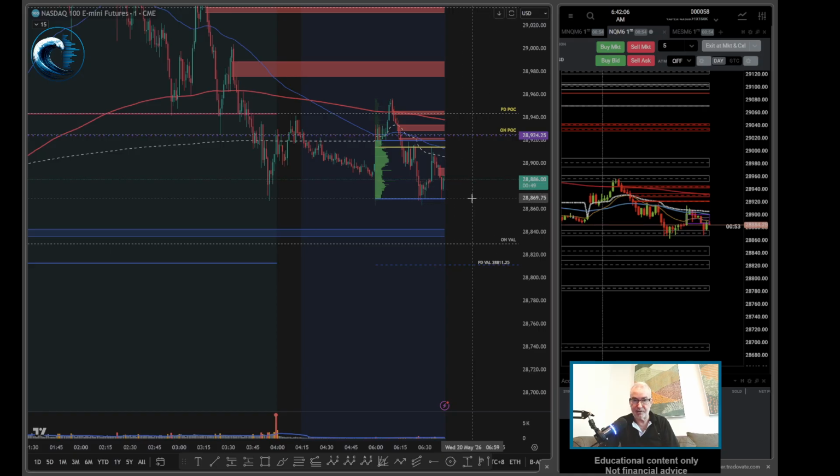The 7 a.m. is what I call the Australian Open. They're 2 hours ahead, so it's 9 o'clock for them. To be honest, I think all of this area is the Australian opening up into the market, 6 o'clock onwards.